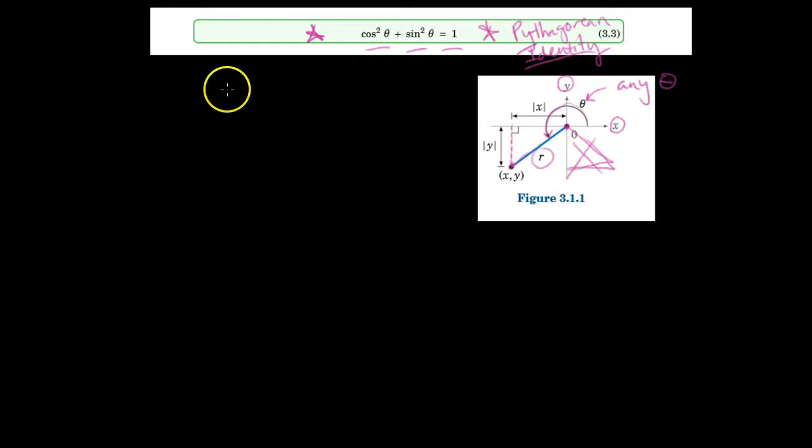I'm trying to get you used to the idea of this, because I'm going to give you lots of previews for the unit circle when we jump into chapter 4. Okay, so here we go. We've got the absolute value of x squared plus y squared, because then this will be true for all x and y, is equal to r squared from the Pythagorean theorem.